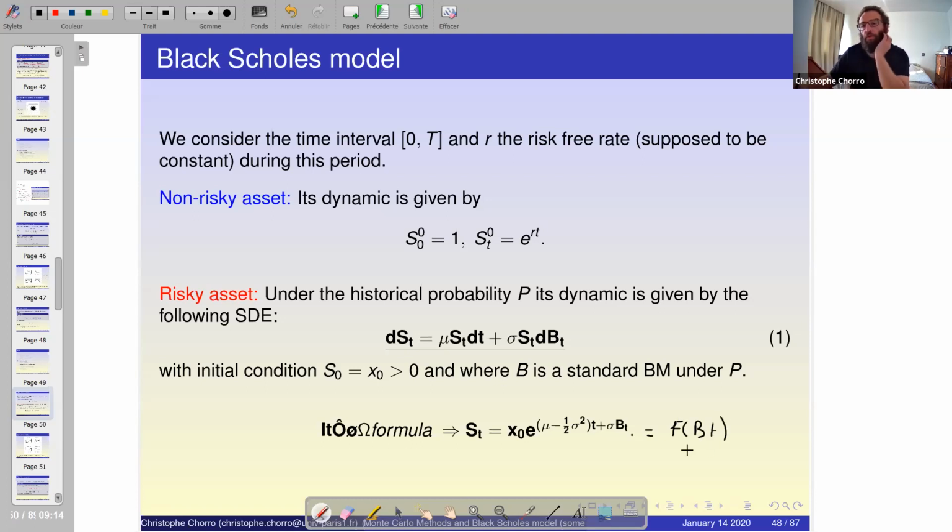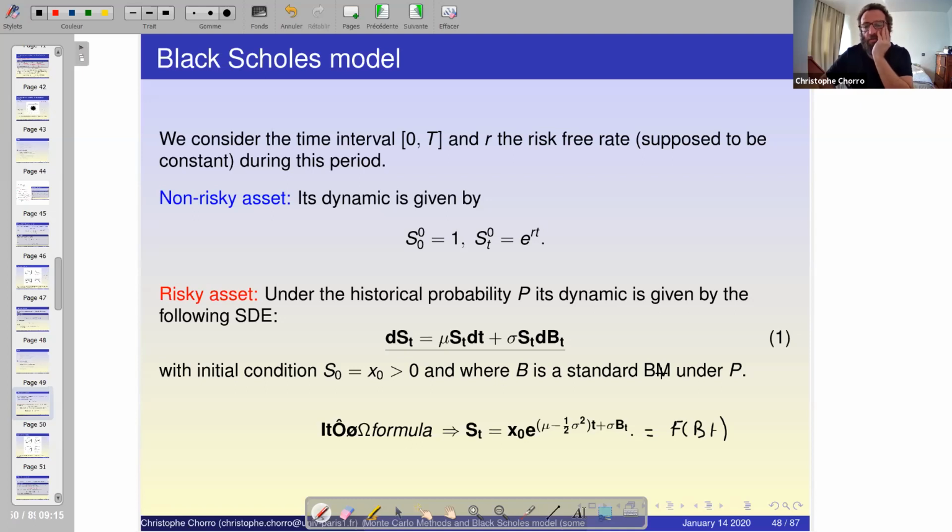So if I am able to generate trajectories of the Brownian motion, as I have done previously, and if I give you all the parameters of the model, X0, mu, and sigma, you will be able, applying the transform F, to obtain an approximation of the trajectory of the risky asset.